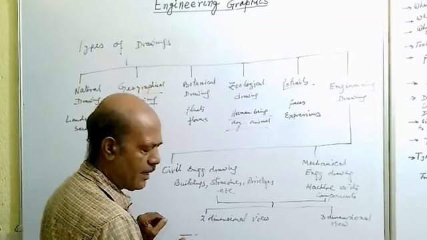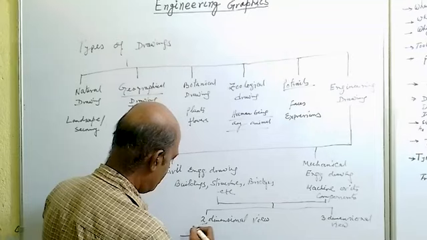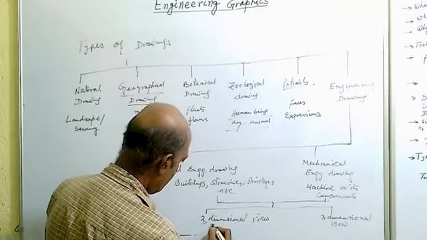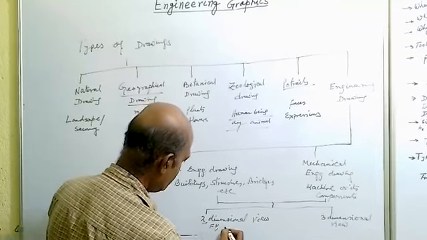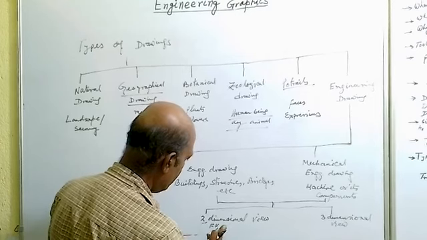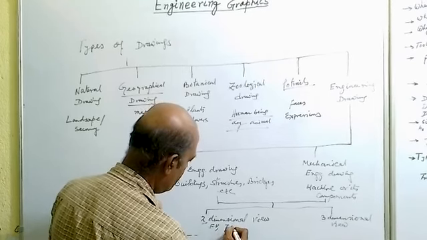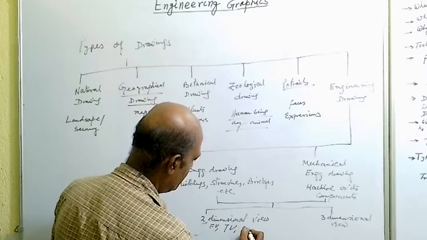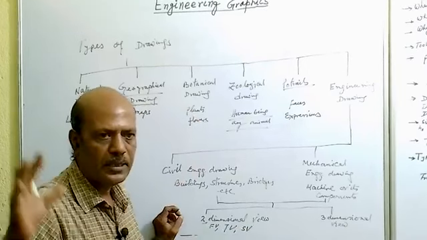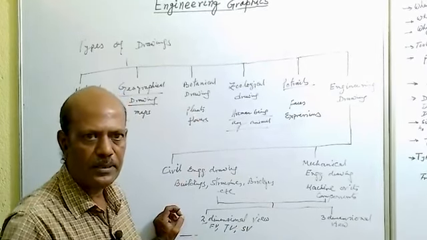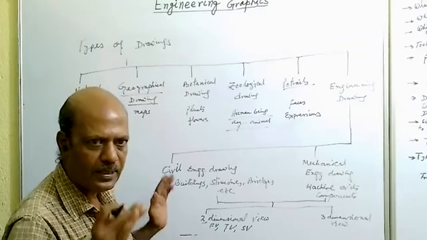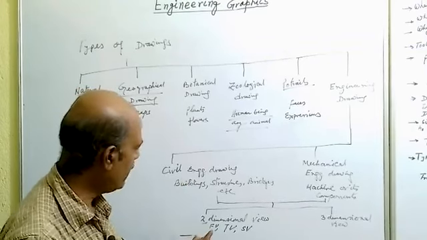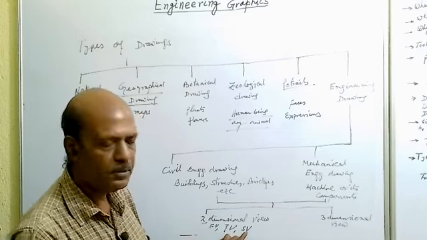So, in mechanical engineering, these two-dimensional views are front view, top view and side view. That means the three-dimensional object is presented by three views, that is front view, top view and side view.